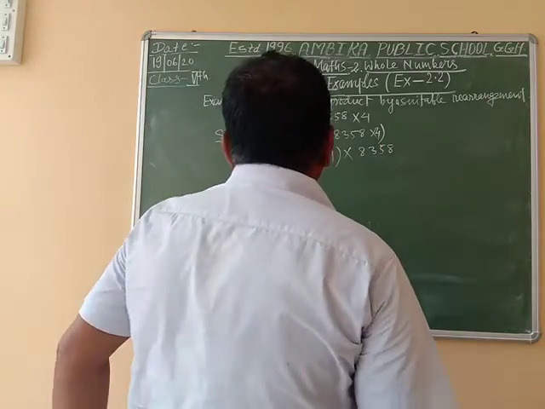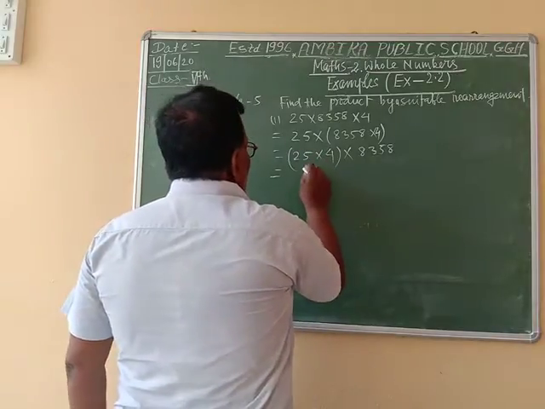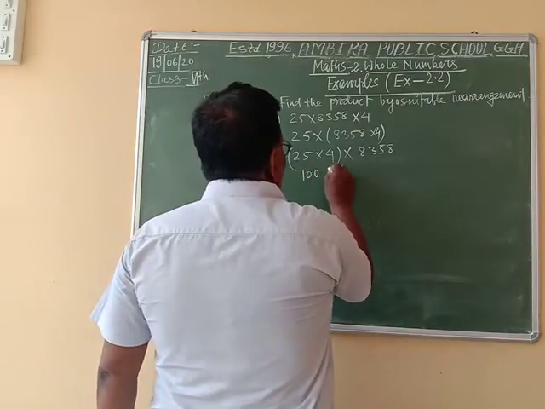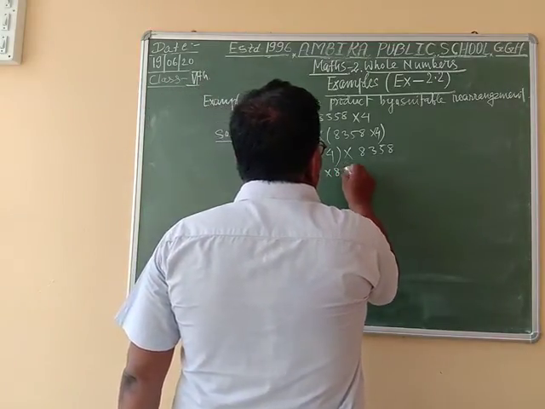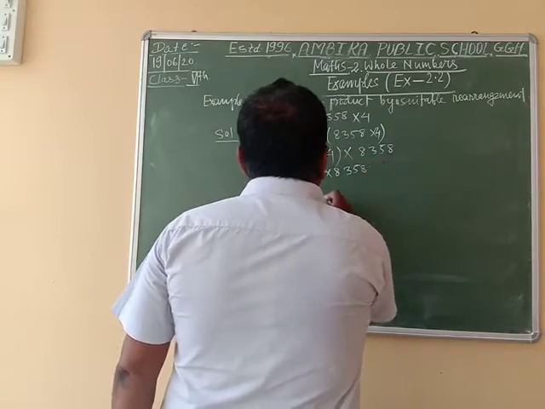Multiplying 25 and 4, we have 100 into 8358.